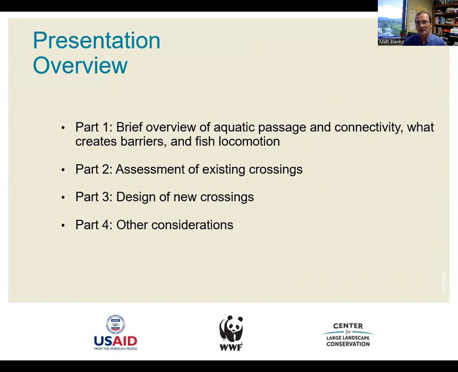It provides a little bit of information about what creates barriers, and there also is some discussion about fish locomotion. Part 2 is assessment of existing crossings. Part 3 is design of new crossings, and the 4th part is some other considerations for those tasked with either evaluating existing crossings of aquatic systems or designing new ones.